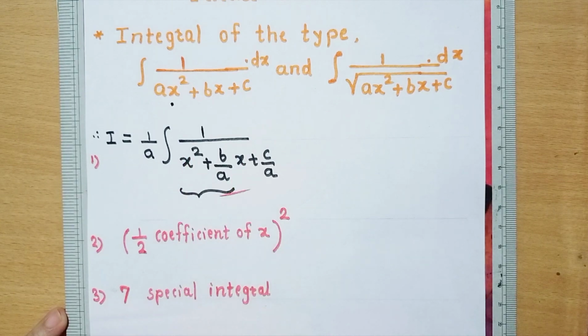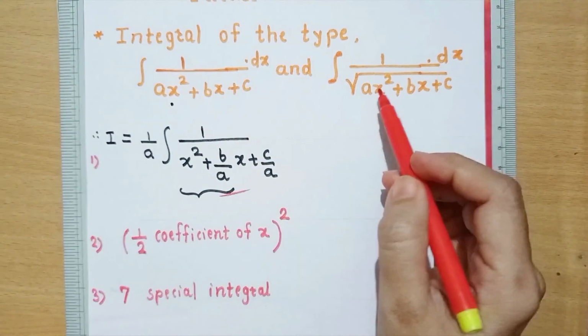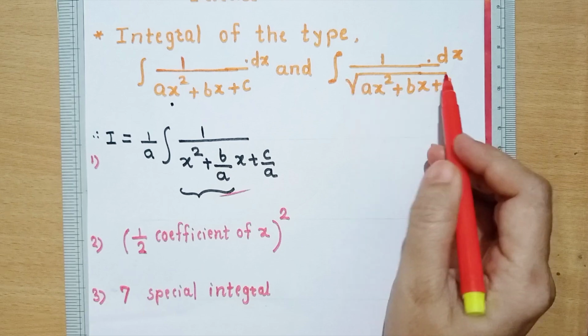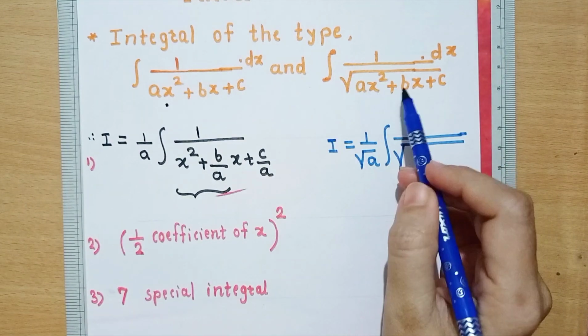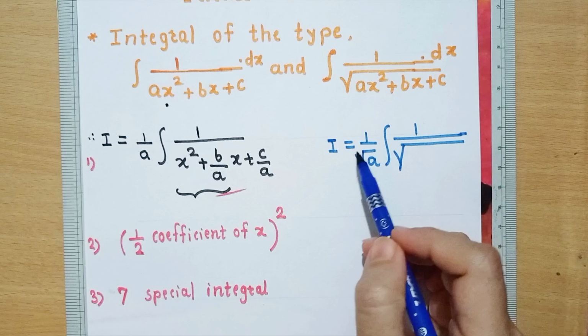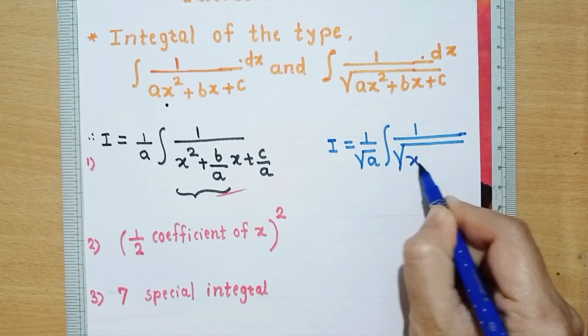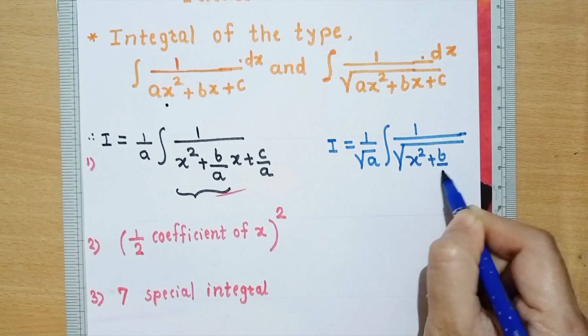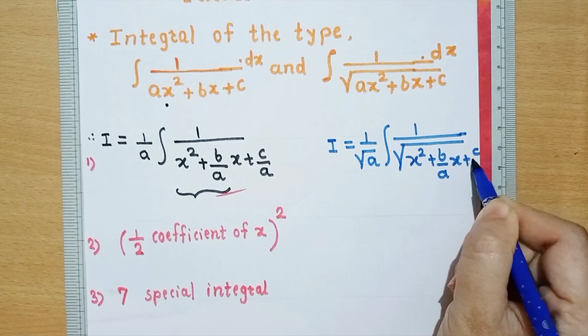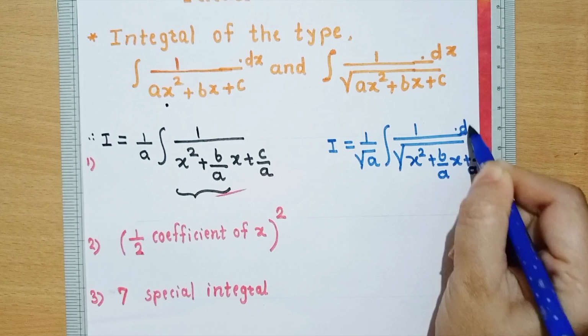So these are only the 3 steps to solve this type of integral, and if the integral is of the root type, we will take a common from these 3 terms. So outside it would be 1 upon root a, and here x square plus b upon a x plus c upon a into dx.